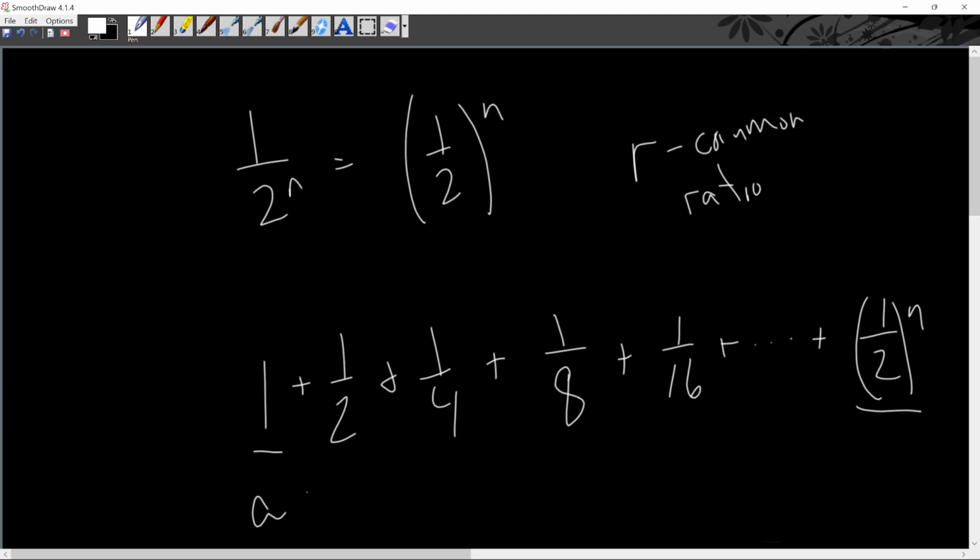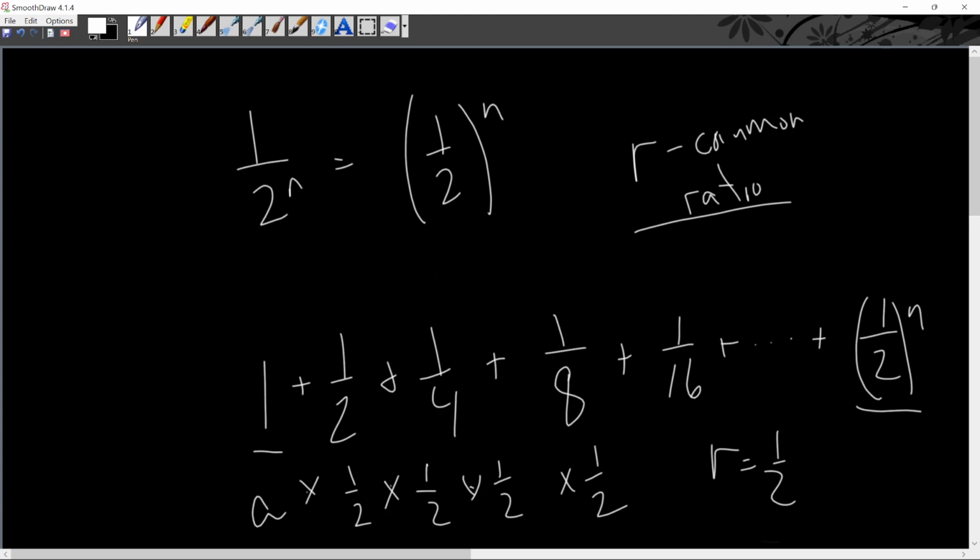It's a ratio that's being multiplied to every subsequent term within this series. So times 1 half, times 1 half, times 1 half. I should use multiplication like that so it's easier to see, but you're multiplying 1 times 1/2, 1/2 times 1/2, 1/4 times 1/2, and on and on. So the ratio that is being multiplied between every single value is common, and that r is 1/2, at least for this geometric series.